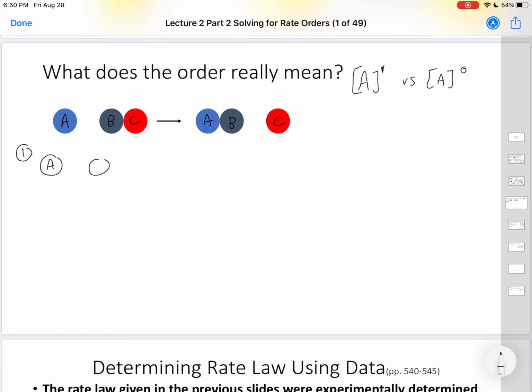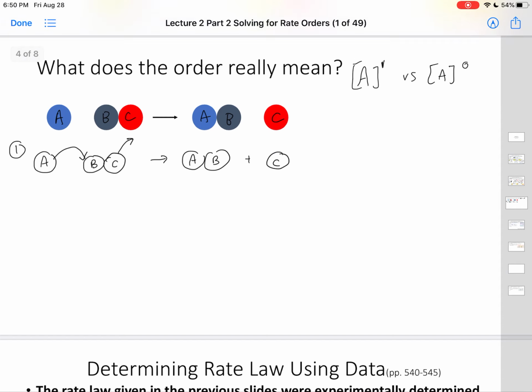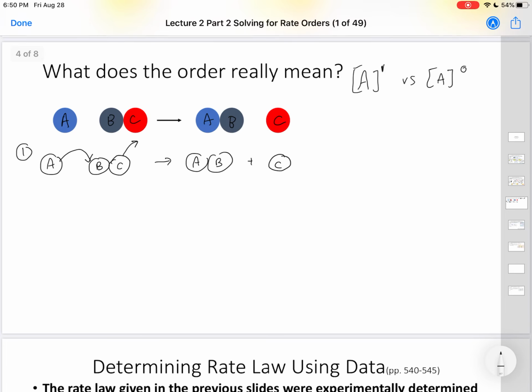Let's say that A reacts with B and C, but it reacts in this way, where A attacks B, then it kicks off C. C leaves because A attacked B. So this forms A, B, and then C is by itself because it's been attacked and kicked off.